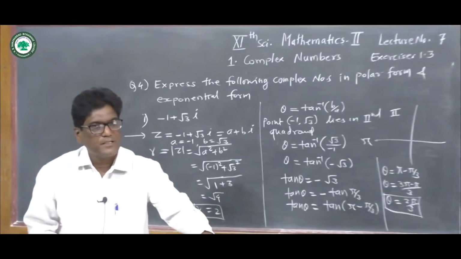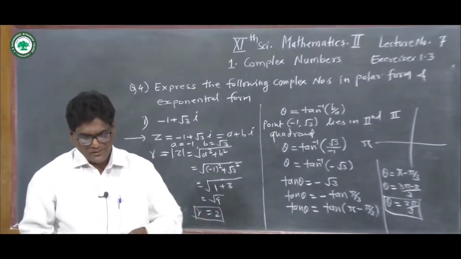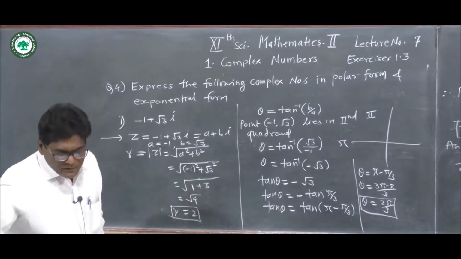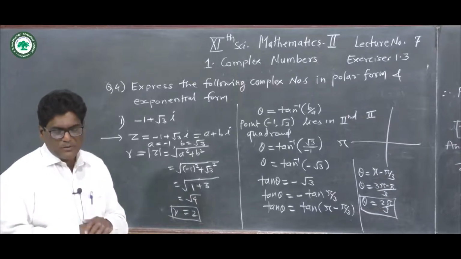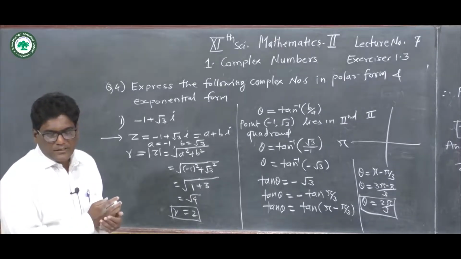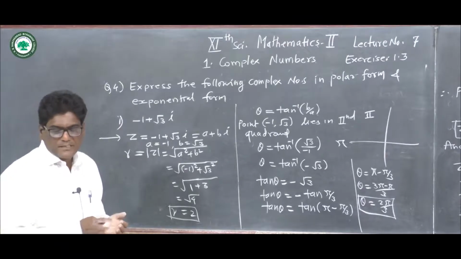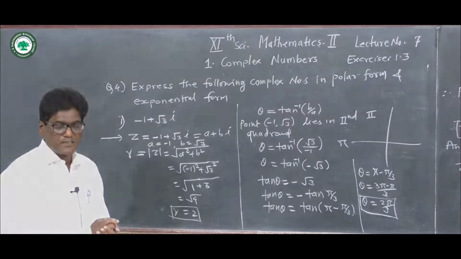Now we see here a second problem. Second problem is 1 plus 2i upon 1 minus 3i. This is the fifth problem, but we take here the fifth problem, and the remaining second, third, fourth and sixth problems you solve yourself.